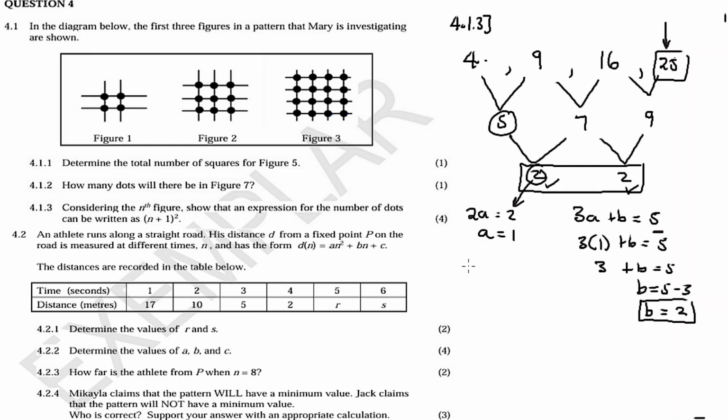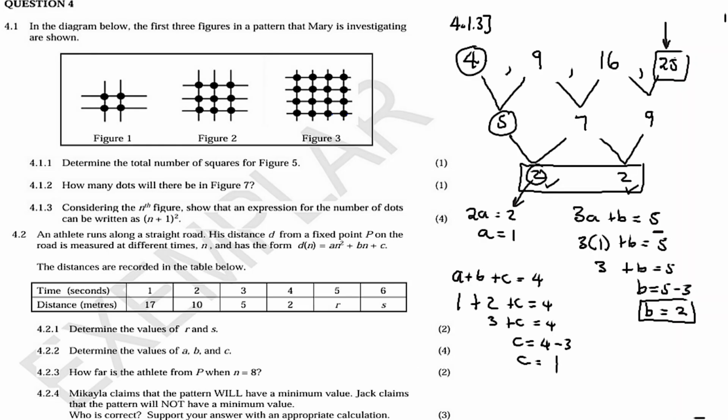Then siyobala ubani C. This 4 is coming from that first term. So A plus B, 1 plus 2, 3, plus C is equal to 4. Then C is equal to 4 minus 3. I'm transposing the 3. Then my C is equal to 1.